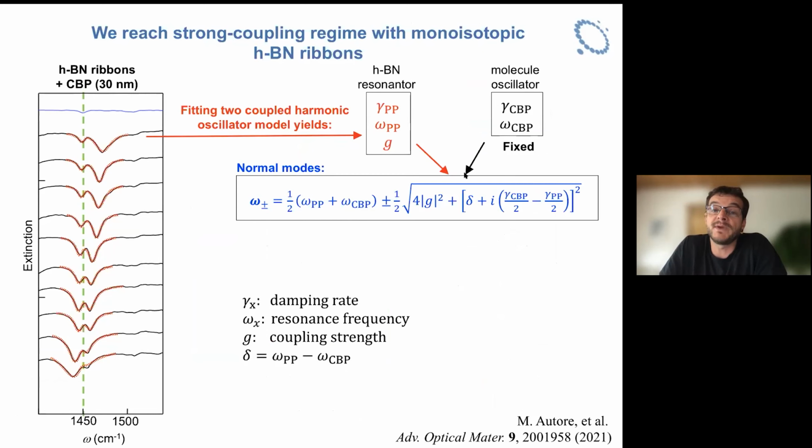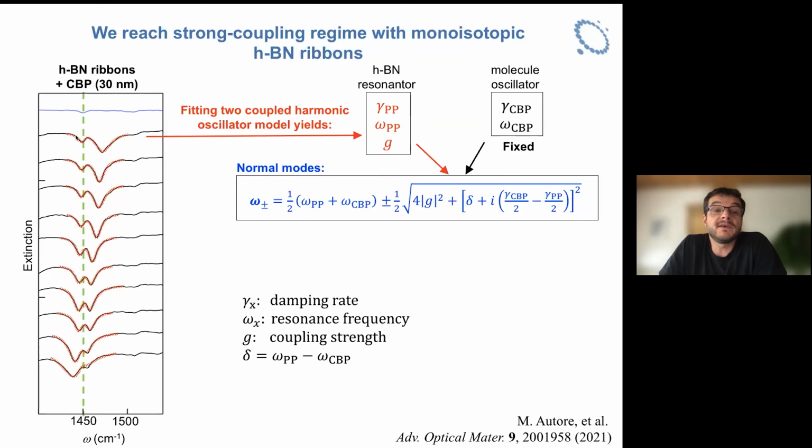They are coupled via a coupling strength G. We used the standard equations for a coupled harmonic oscillator. We keep the damping and energy of the molecules fixed, because that we know from literature. And as fitting parameters, we choose the coupling strength G, the damping, and the energy or the frequency of these phonon polariton resonators.